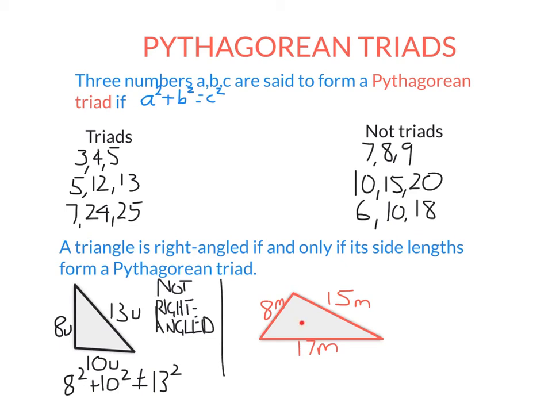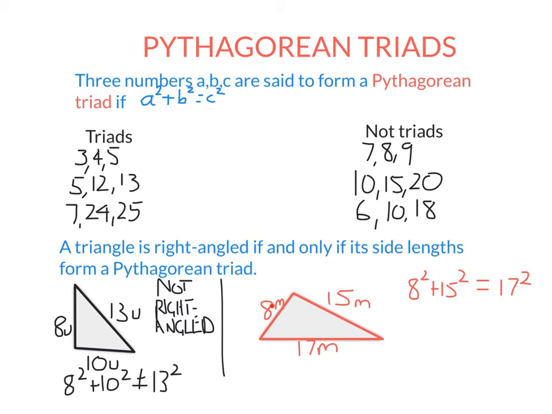Let's turn our attention to the red triangle and determine whether or not it is right-angled. So 8 squared plus 15 squared, if you put that on your calculator, you get 289. 17 squared is also equal to 289. So here, 8 squared plus 15 squared equals 17 squared.